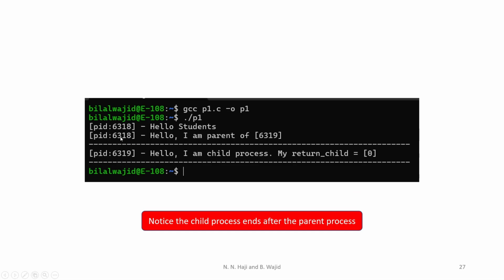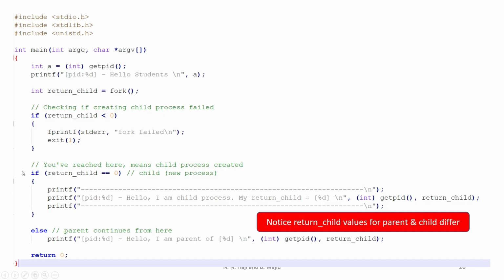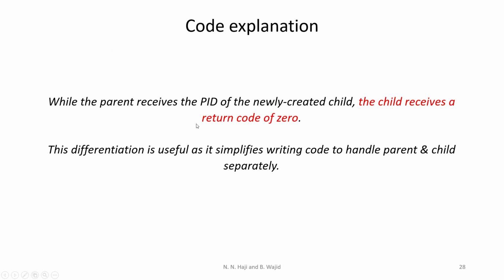So here the child ends after the parent process, even though in the code that you see here, this line of code actually comes after. While the parent receives the process ID of the newly created child, the child receives the return code 0 because the child did not invoke the fork command.